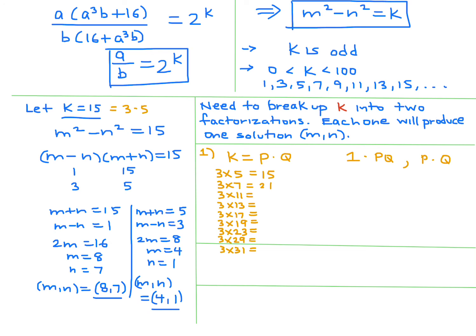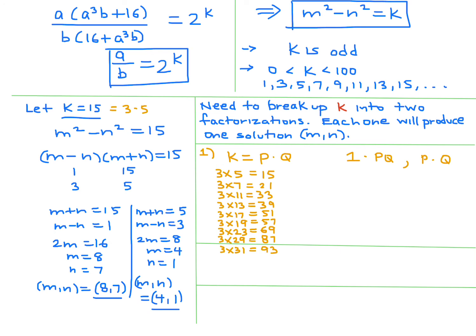All right, so this was what, 15, 21, 33, 39, 51, 57. These are values of k, by the way. 69, 87, and 93. Okay, now I've exhausted the 3's.